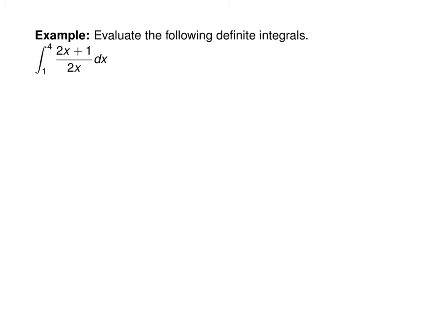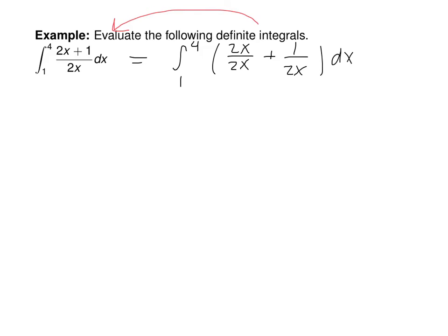All right, this next one just involves some not very tricky, but maybe semi-tricky algebra. 1 to 4. You can make this into 2x over 2x plus 1 over 2x. Usually you do stuff in this direction. You have a common denominator, you add the numerators. We're just undoing that.